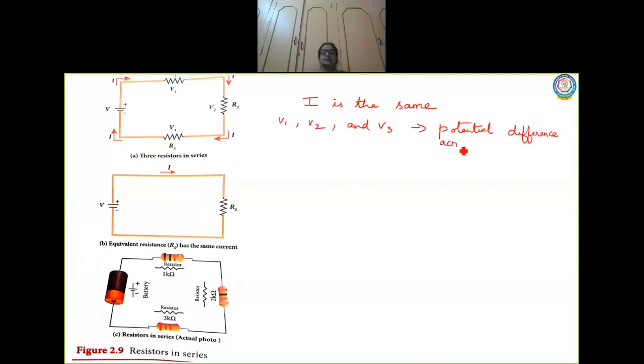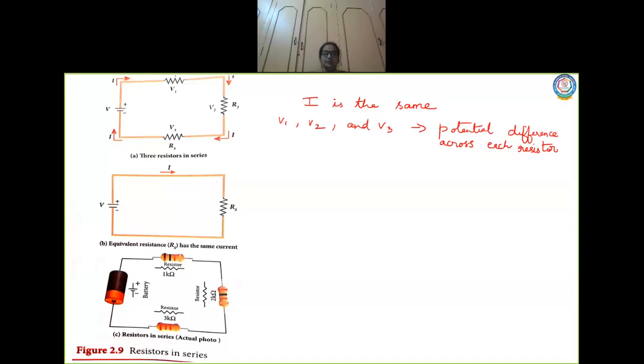So current remains the same, PD varies. Potential difference across each resistor is given as V1, V2, V3. And what is R1, R2, R3? Of course, you know. R1 is the resistance of the first resistor, R2 is the resistance of the second resistor, and R3 is the resistance of the third resistor.